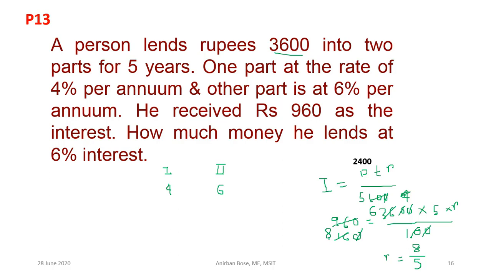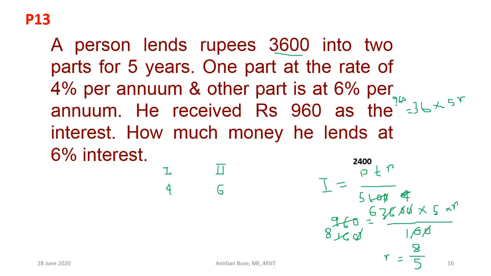160, so here it is 8. So do it once again, so it is 36 into 5 into R, that is 960, right?